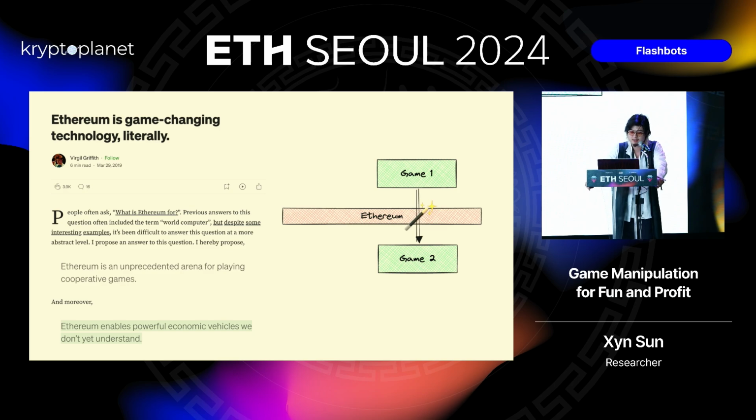So you can see it as the graph over here. Basically, you take an existing game, say game 1, and then you use Ethereum to warp it into a new game, game 2.